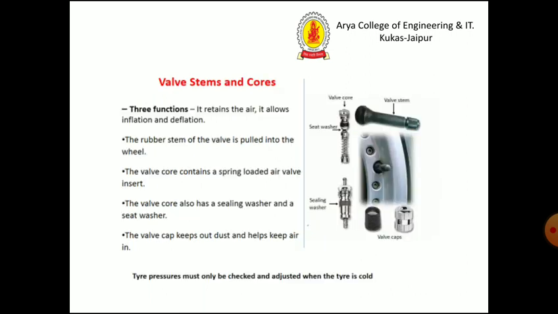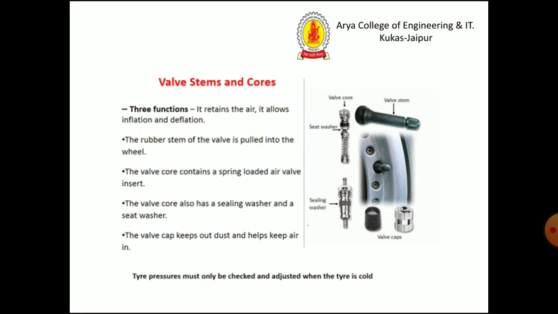The valve, stems and cores. There are three functions. It retains the air, and it allows inflation and deflation. The rubber stem of the valve is pulled into the wheel. The valve core contains a spring-loaded air valve insert.